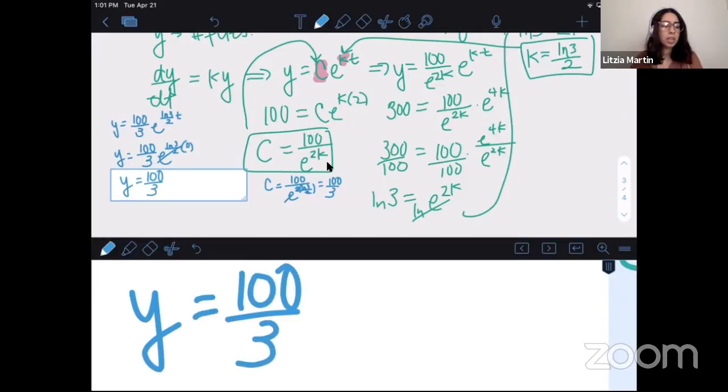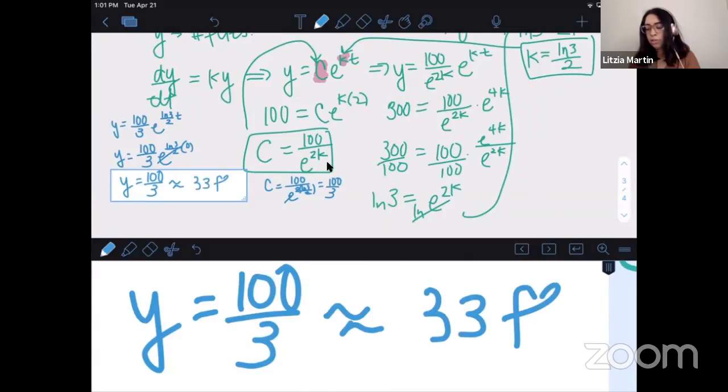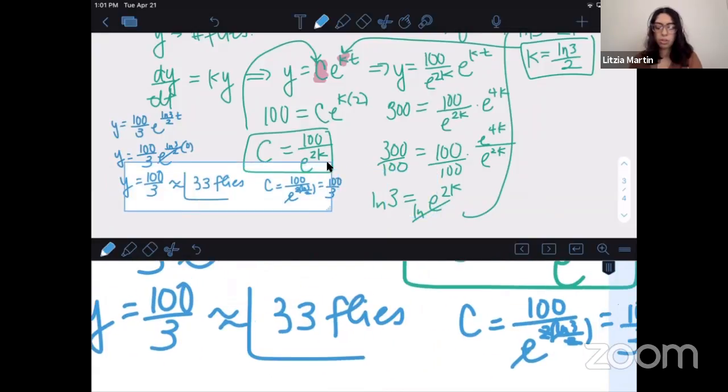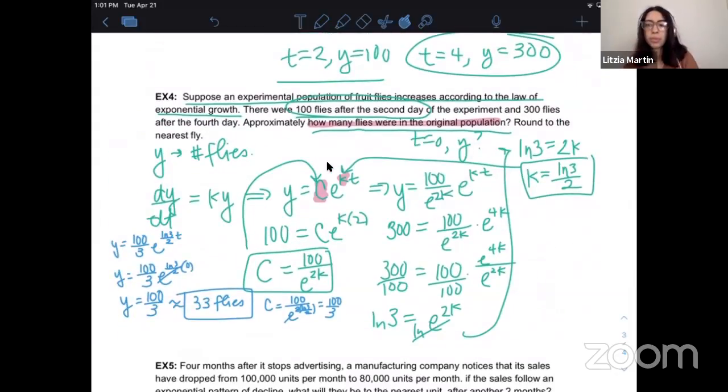But nonetheless, there you go. 100 divided by 3 is approximately 33 flies. So that's how many we started with. Those flies sure do duplicate quickly.